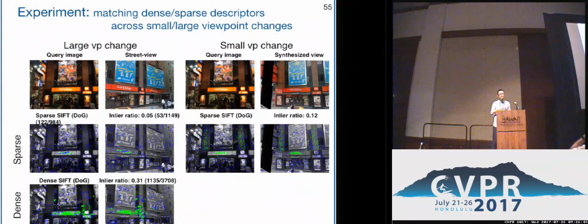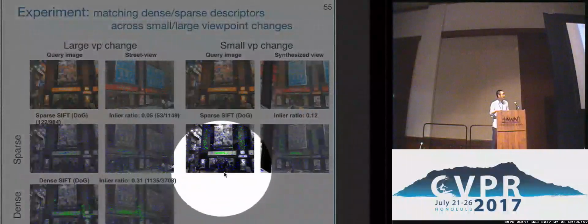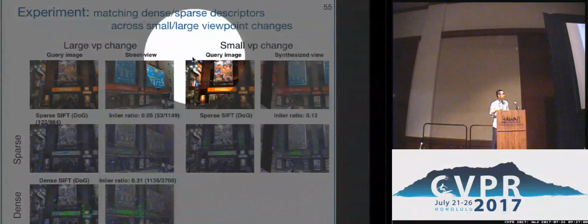Then if we synthesize the image and generate the view close to the query image, the problem will be a bit easier even for the sparse features.